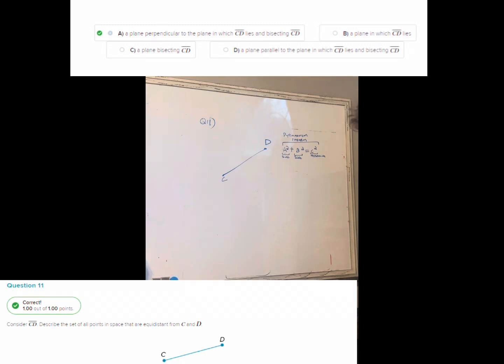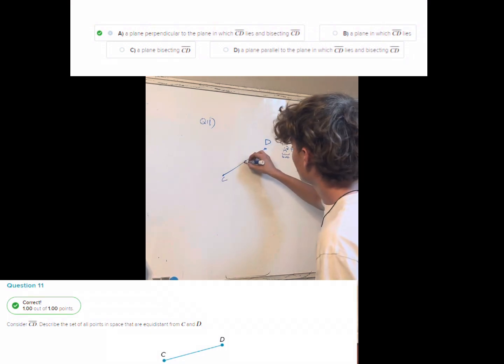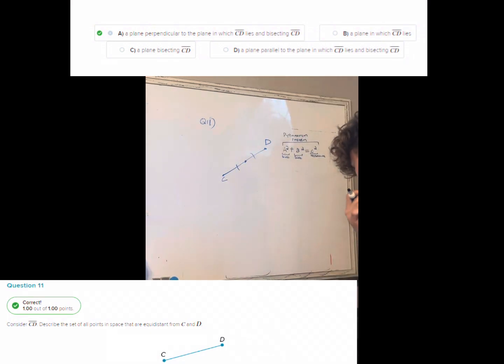So I put A for this one, which is a plane perpendicular to a plane in which CD lies and bisecting CD. So it's bisecting it, so that makes, boom, two equal sides. And it's perpendicular to it. It doesn't really make much sense, okay? But the answer is A.